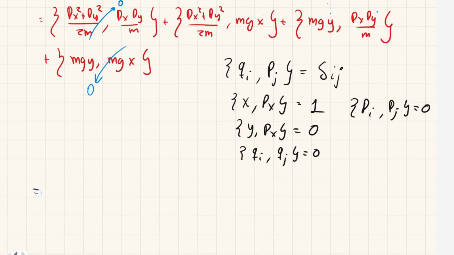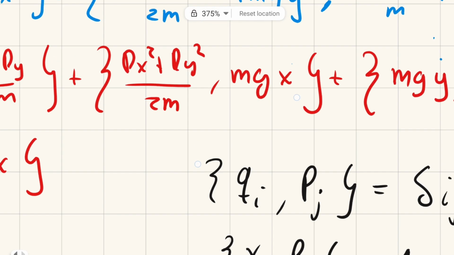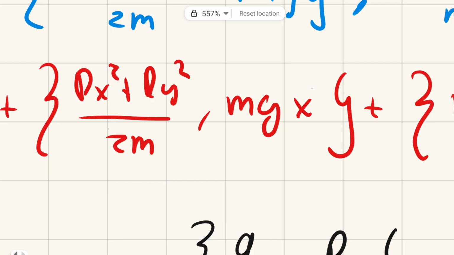Okay, perfect. So what is this going to be? Well, let's establish that here we can separate this element with this element. I mean, to take the Poisson brackets first of this element with this, and then take the Poisson brackets of this element with this. But that last one is going to be equal to 0, because we have py with x.